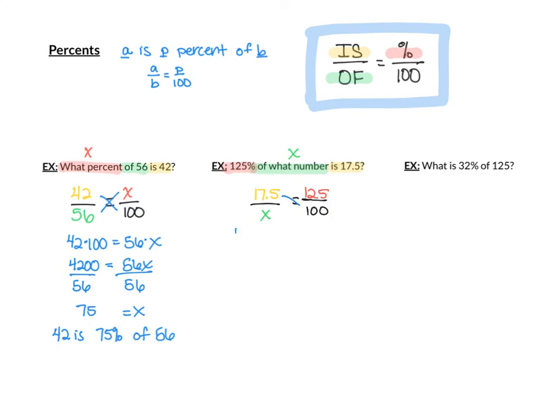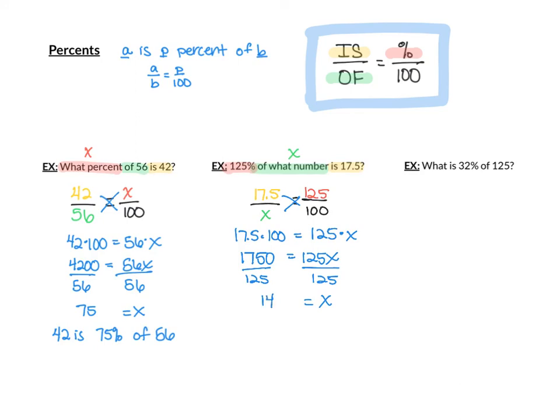Now we can do our cross products. We have 17.5 times 100 equals 125 times x. So 17.5 times 100 is 1,750, which equals 125x. Now I can divide by 125, and we get 14.